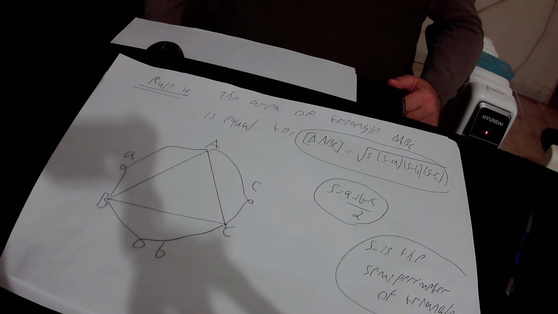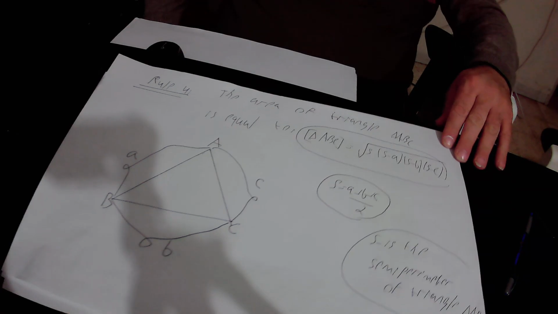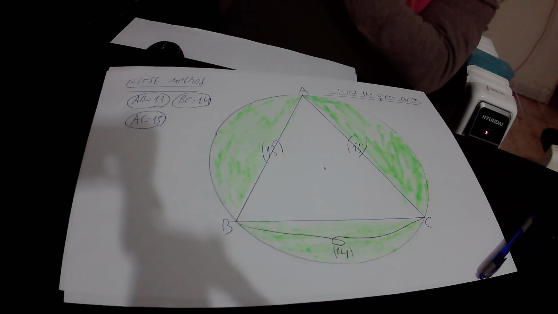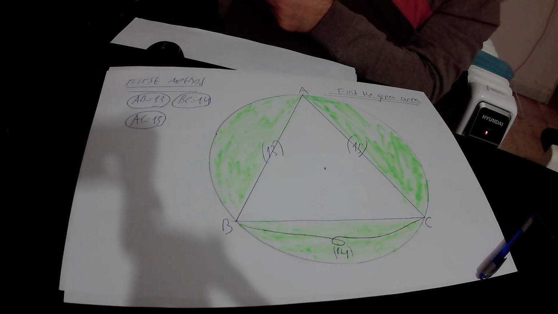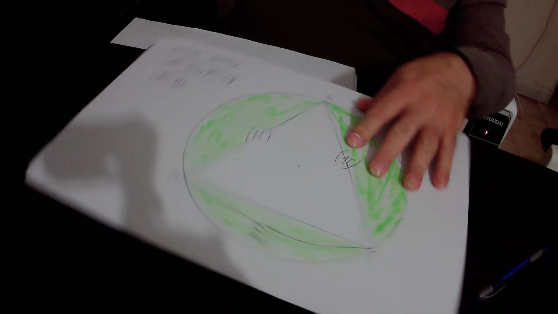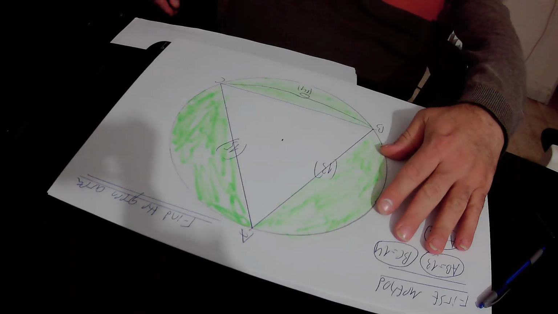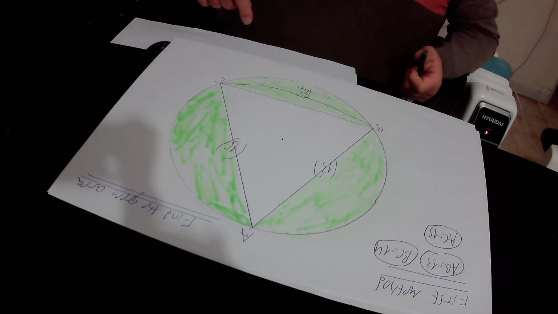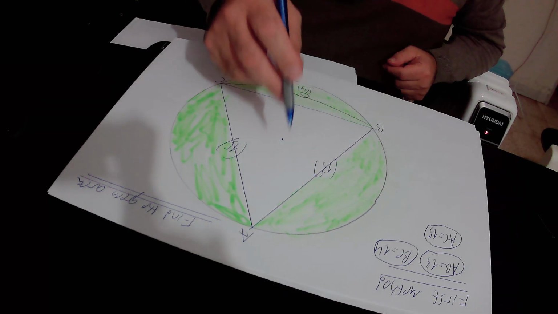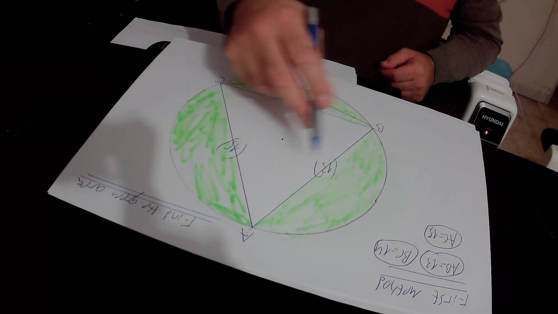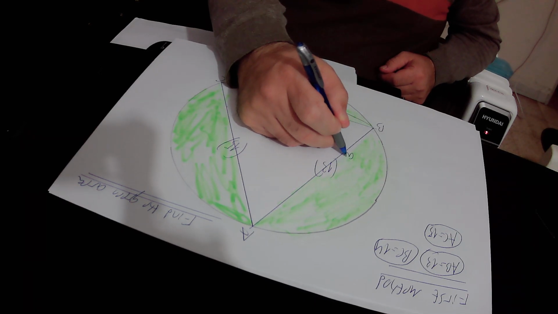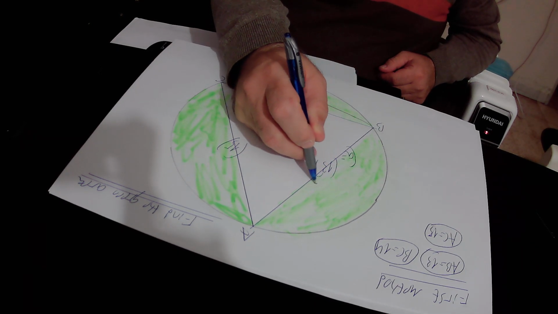So actually we'll implement the new rule in our drawing. First of all, we define side AB of this triangle ABC as A, and we know that A equals 13 units in its length.